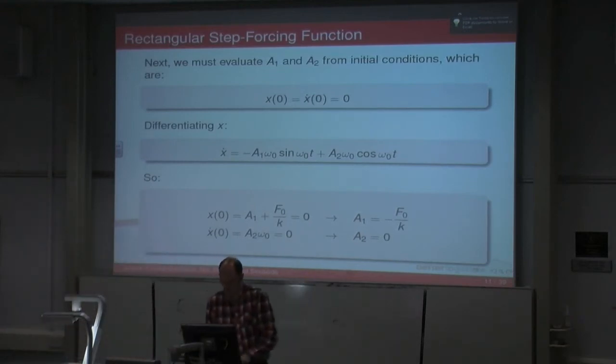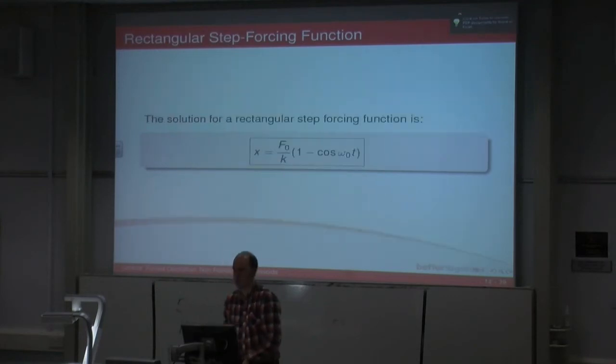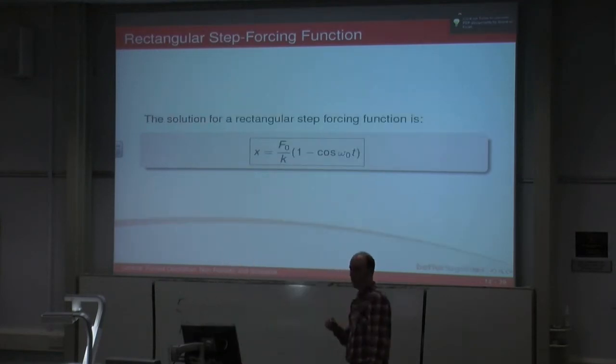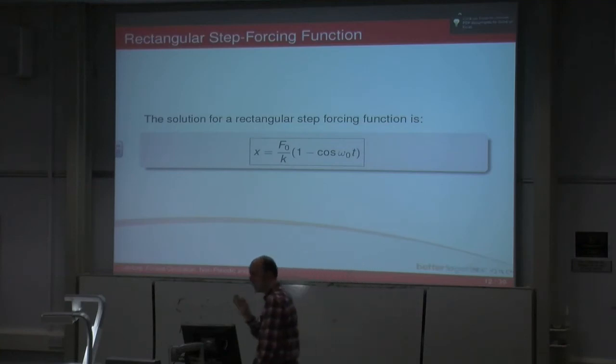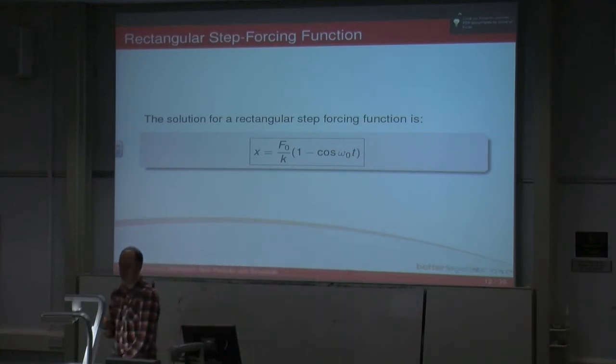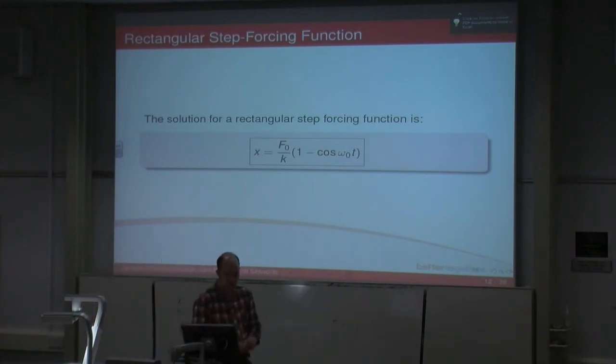So A2 is 0, and so you can plug those two values for A1 and A2 in, and you end up with the solution. And that's for the case where you've got initial rest conditions. So x equals F naught upon k times 1 minus cosine omega naught t.